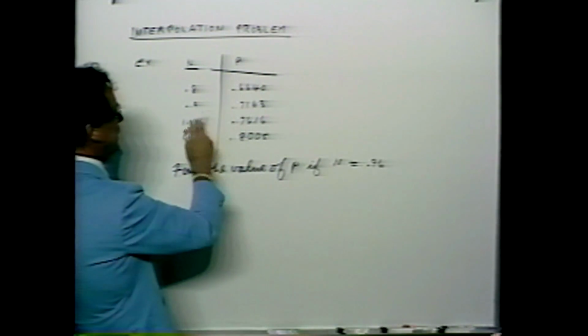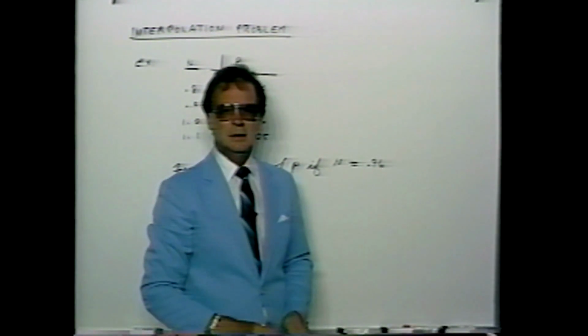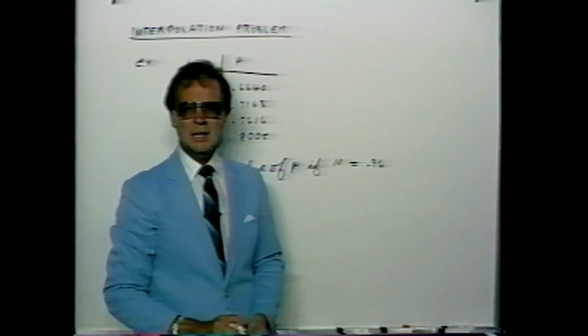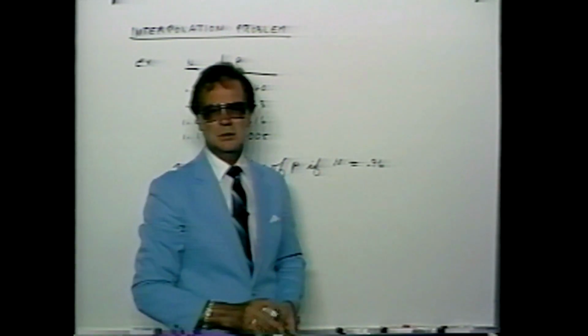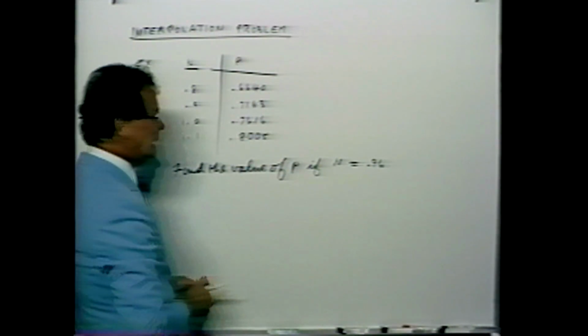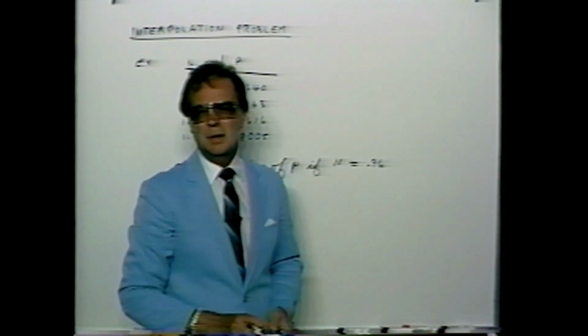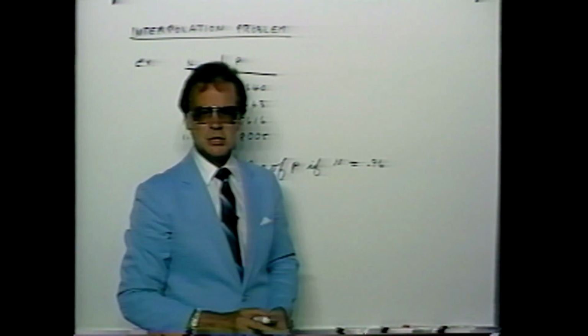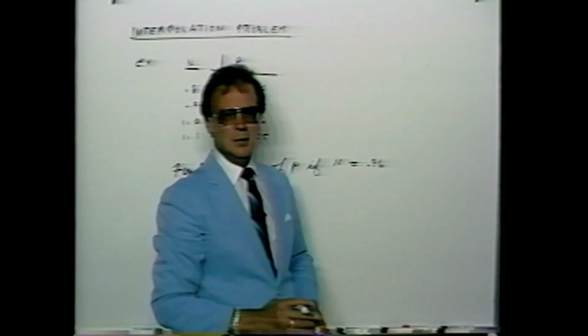Now the value for p for 0.96 is not in the table, and consequently finding numbers like that within given numbers is referred to as interpolation. And the value for p is found by dealing with differences and setting these differences into a proportion.